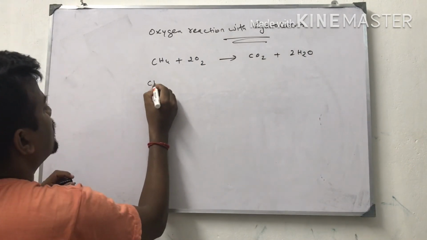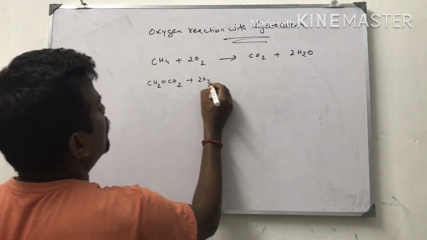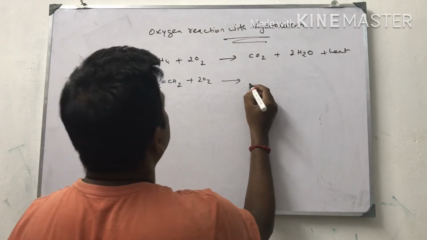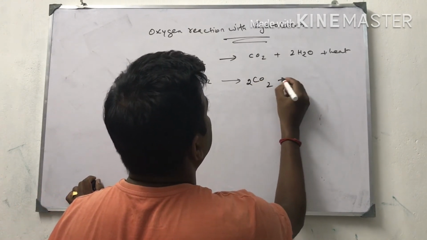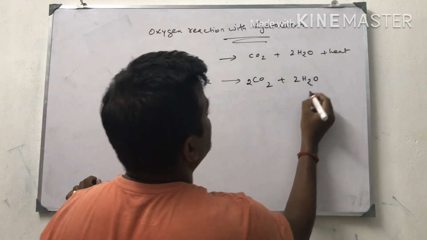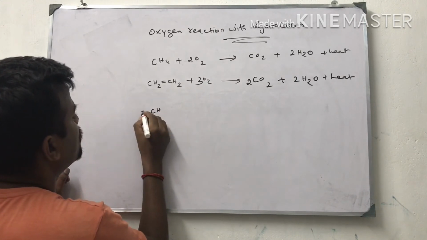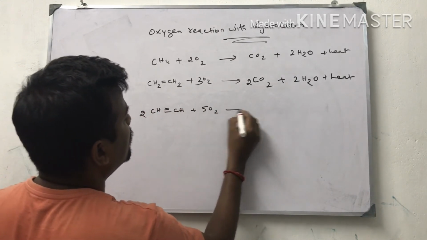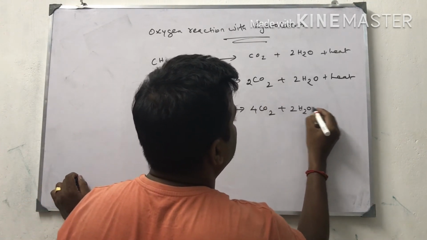One more: CH2=CH2 plus 3O2 gives 2CO2 plus 2H2O plus heat, all are highly exothermic reactions. Next one is CH≡CH plus 5O2 gives 4CO2 plus 2H2O plus heat.